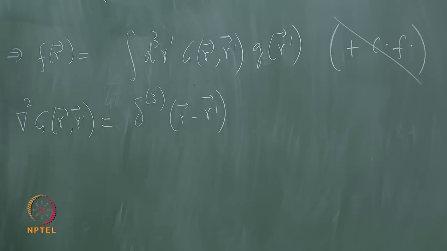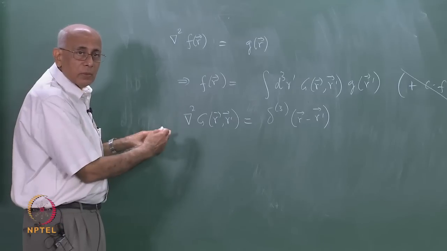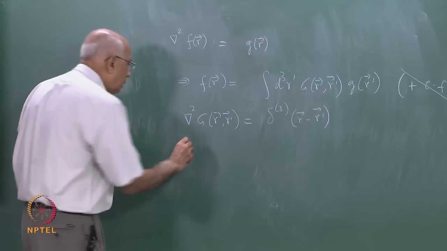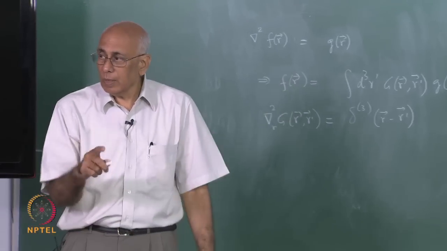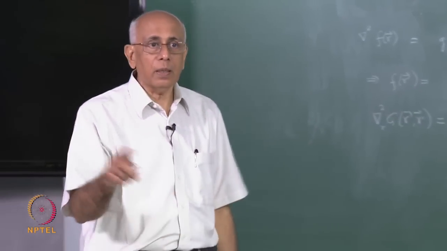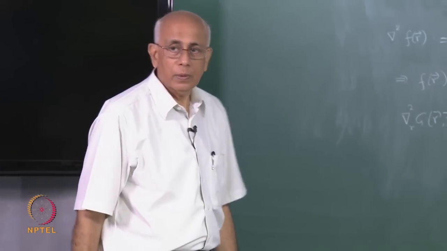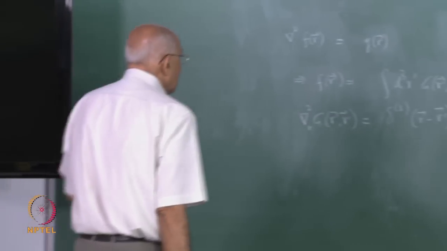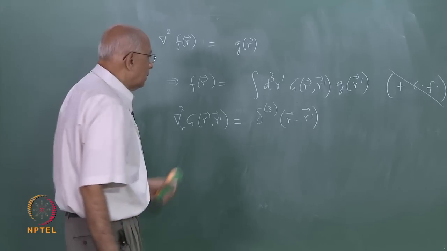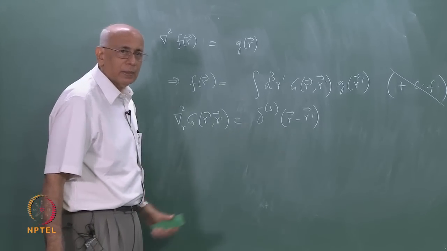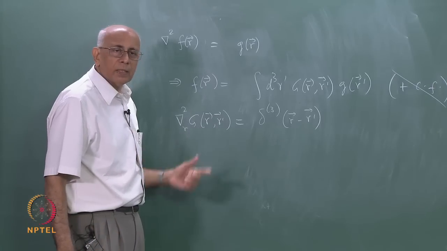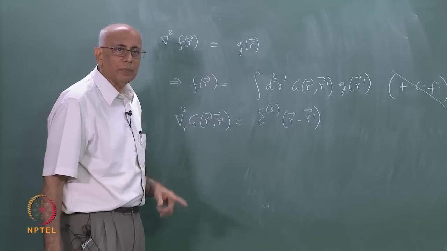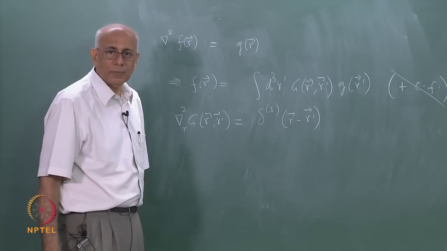Now just to remind myself that the derivative, or del squared, is with respect to r, let me put an r here to show that it is with respect to the vector r, rather than r prime. Now I assert that this equation implies immediately that this G is a function of r minus r prime and not r alone.